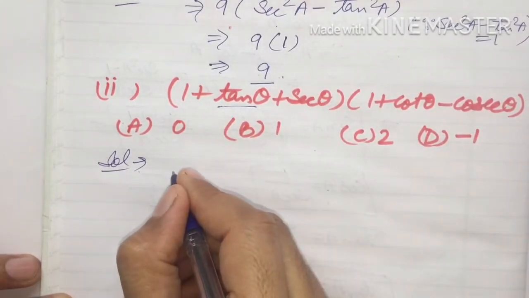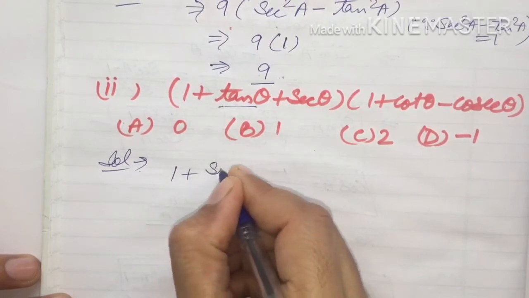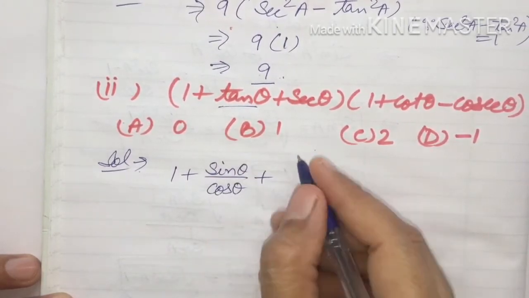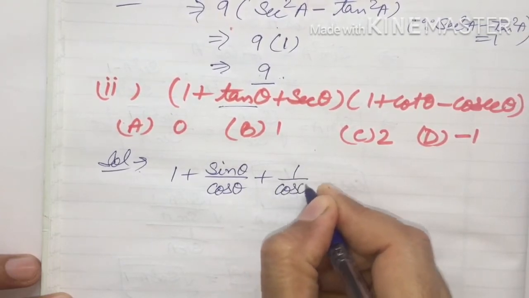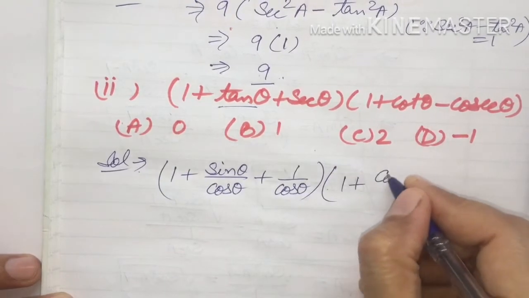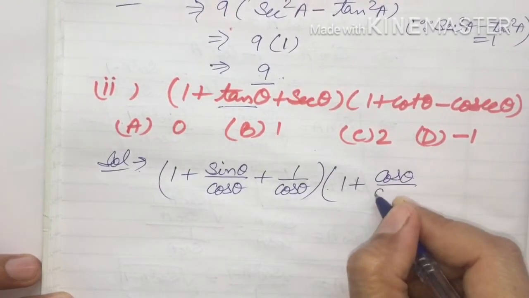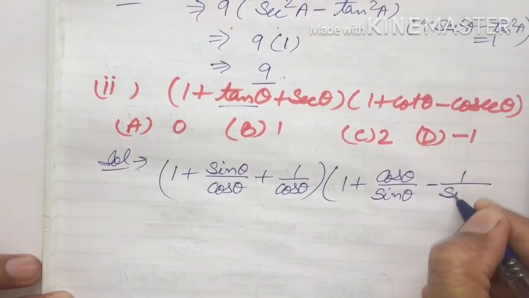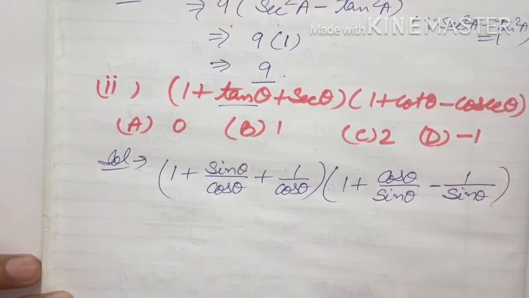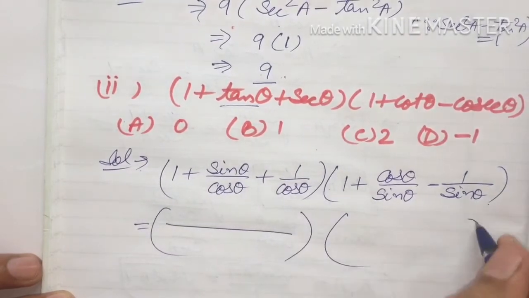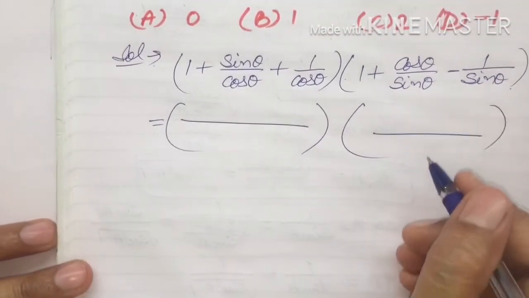So let's do that. 1 plus tangent will be sin theta upon cos theta, secant will be 1 upon cos theta, this is in the one bracket, and in the next bracket cot is cos theta upon sine theta minus cosecant theta is 1 upon sine theta. Now we will take the LCM for the one bracket and the LCM in the second bracket.